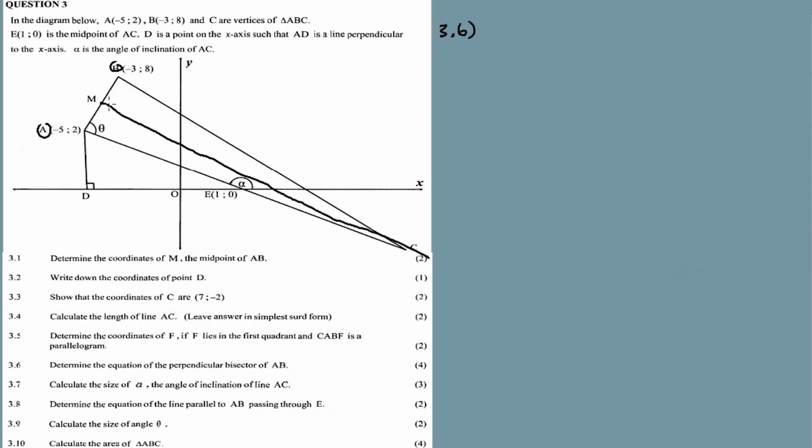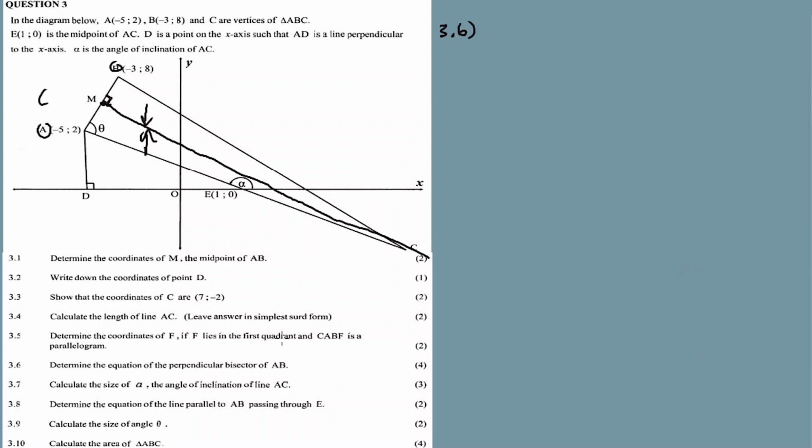We want the equation of this line, the perpendicular bisector. In order to find an equation for any line, you need a gradient and one point. I already have a point: it's the midpoint.